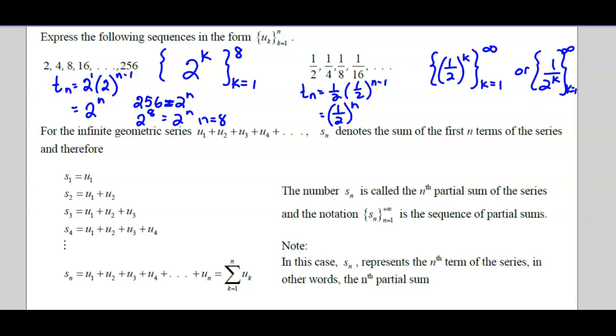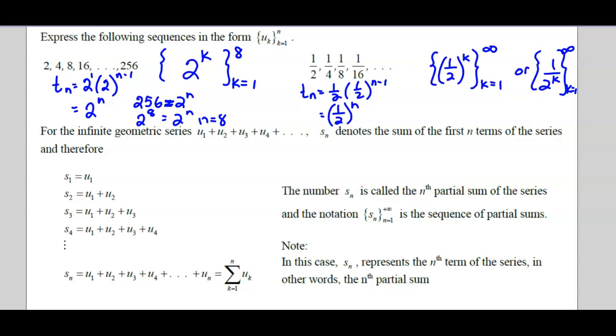Because there's only one term. So those are the same. S2 will be the sum of the first two terms. S3, sum of the first three terms, and so on. We call these partial sums. You're finding basically a part of all the sums of that infinite series. Okay. So Sn is called the nth partial sum of the series.